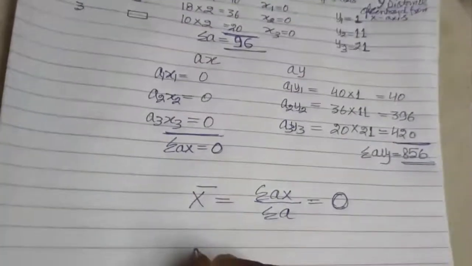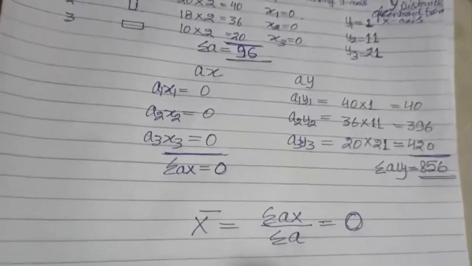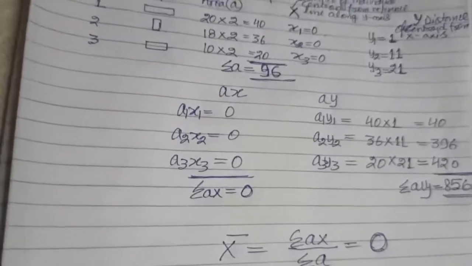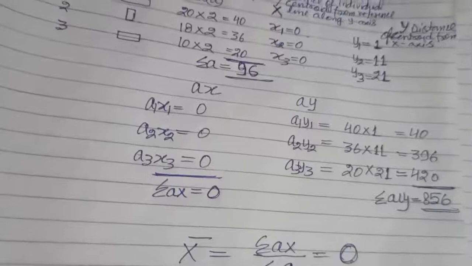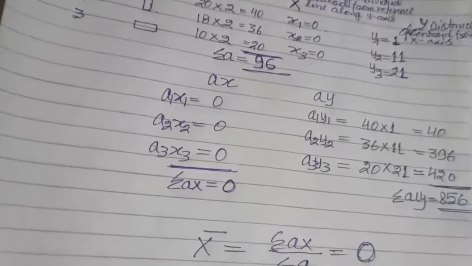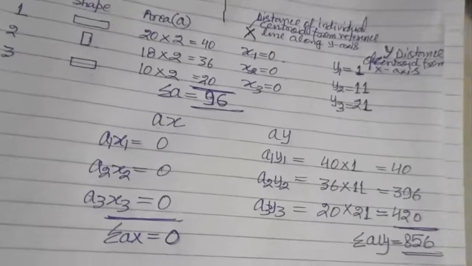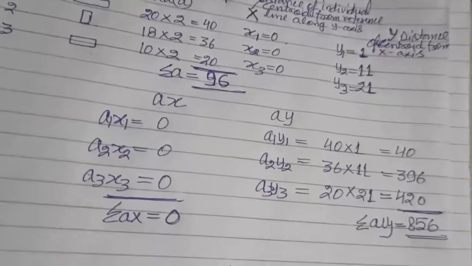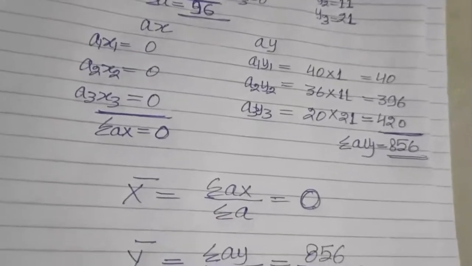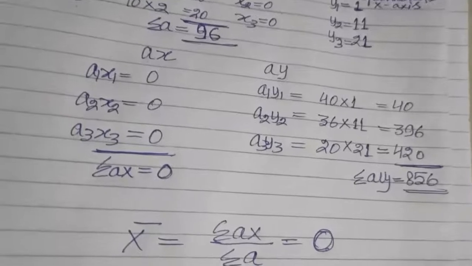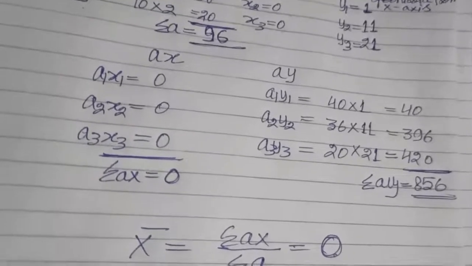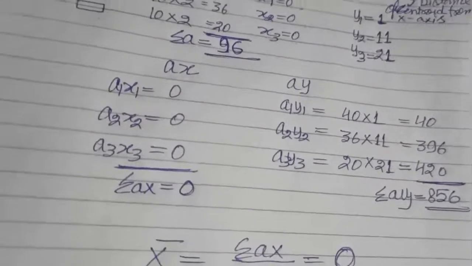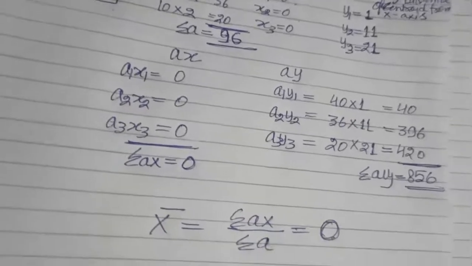And now for y bar, this y bar is equal to summation AY upon summation A. This will be equal to 856 upon 96, which means 856 divided by 96. This will give you 8.916 millimeter.